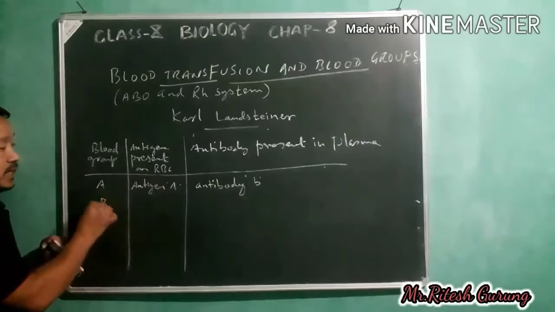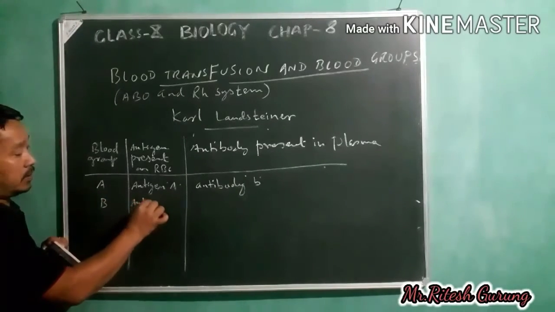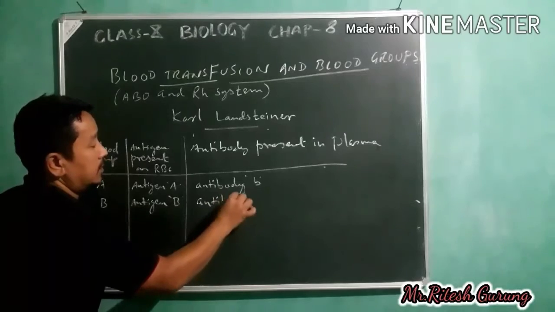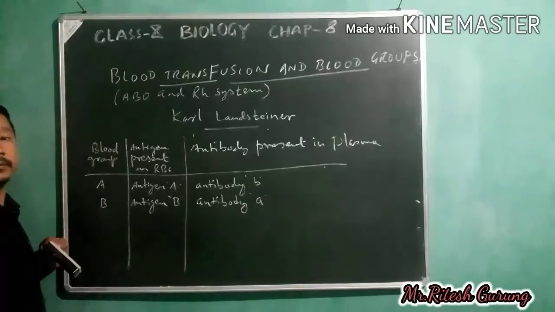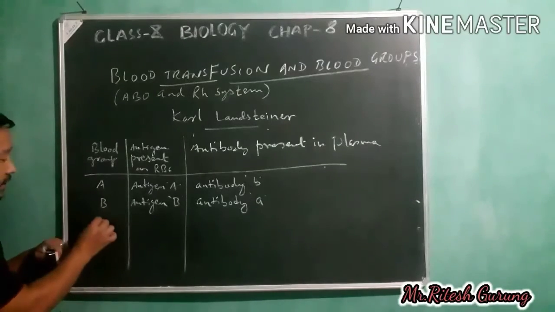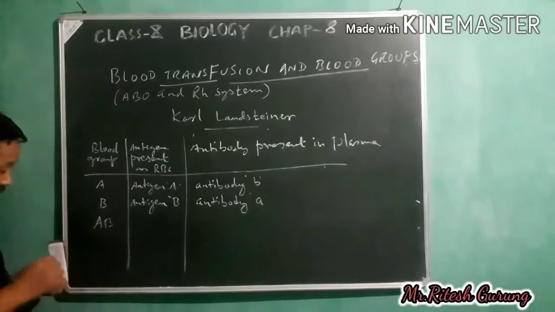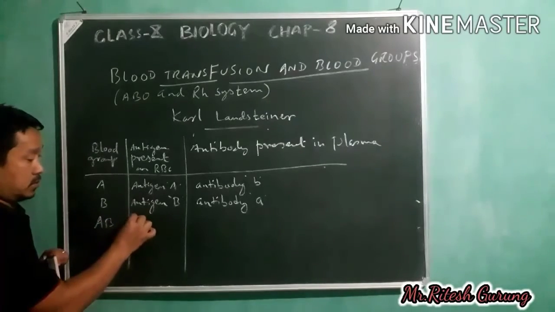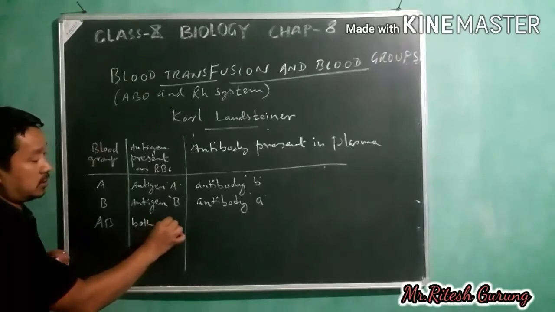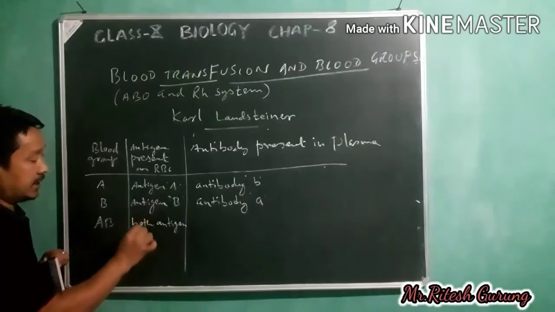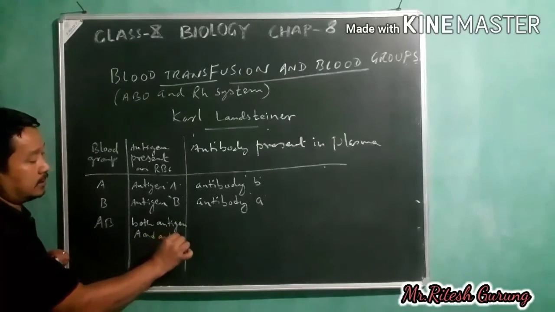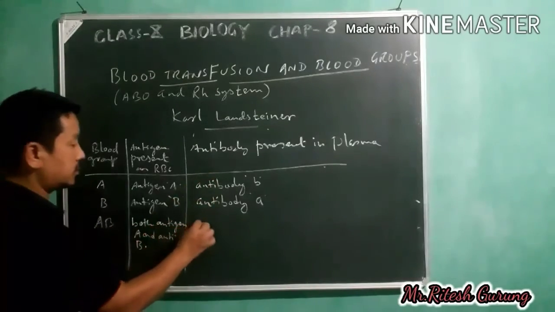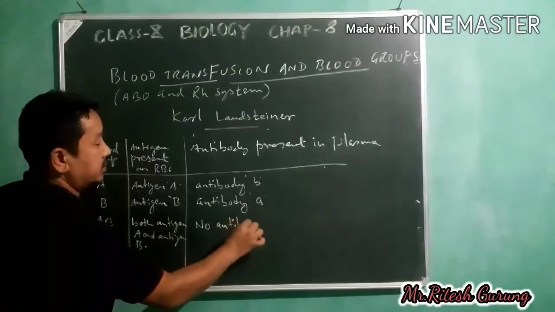Then blood group B. In blood group B you find antigen B and antibody A. Similarly, blood group AB will have both antigen A and antigen B, whereas there are no antibodies.